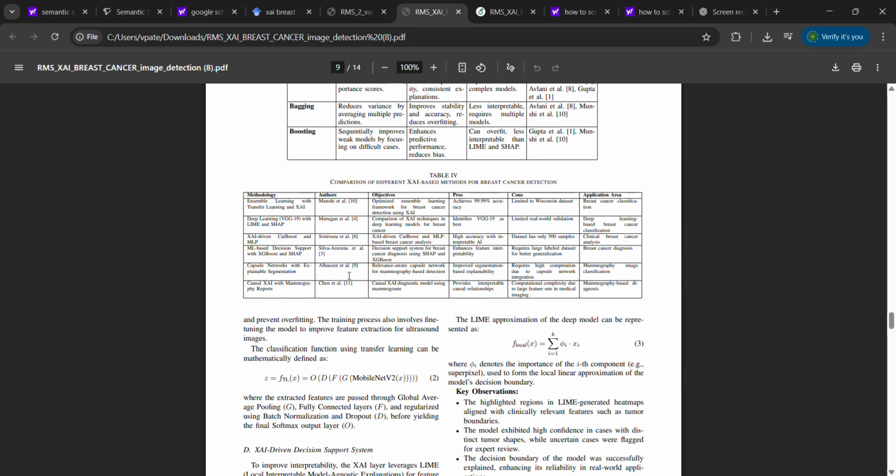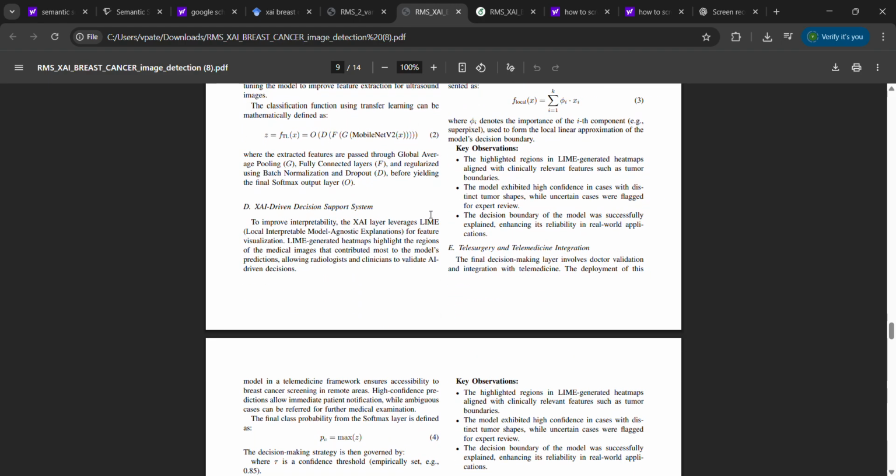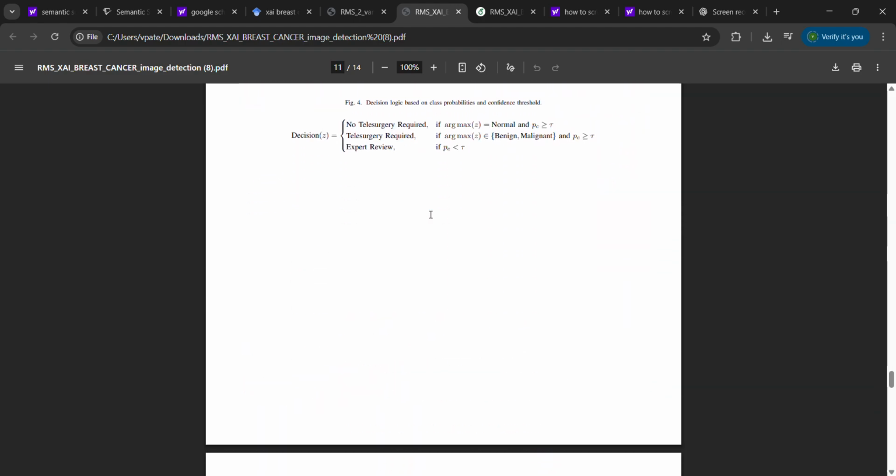Here it talks about their research papers and what was covered in them. So here you can see the pros and cons. It was overfitting, so I mentioned it. You can fill this gap.